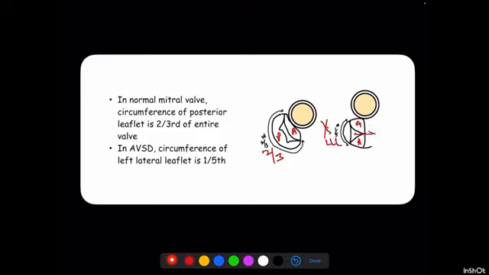This is the cleft. One more difference between this cleft mitral leaflet in partial AVSD and an isolated cleft in the mitral valve is the orientation of the cleft.